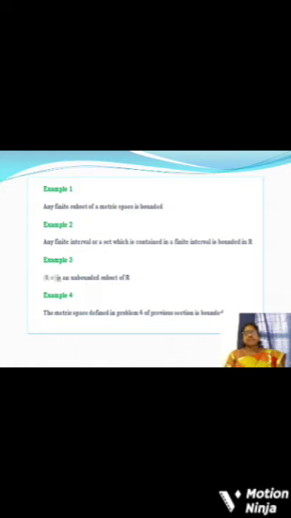Next, any finite interval or a set which is contained in a finite interval is bounded in R. Next example, the open interval 0 comma infinity, or the closed interval 0 comma infinity, both are unbounded subsets of R. Next, in the previous example, we gave some metrics on R power n. In that list, the fourth example will be a bounded set. Thank you.